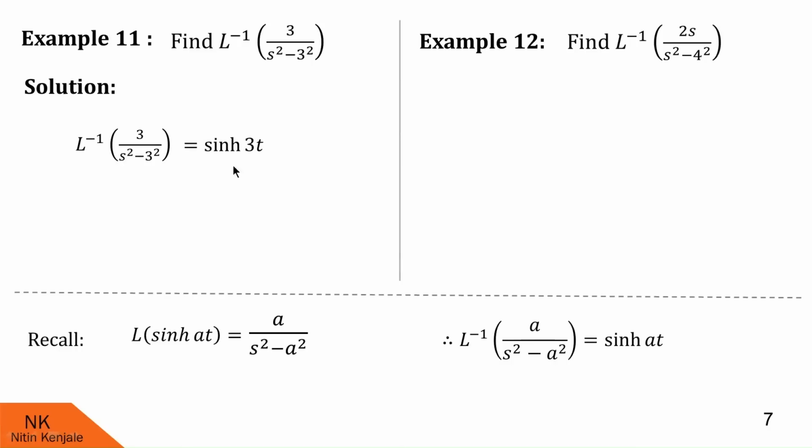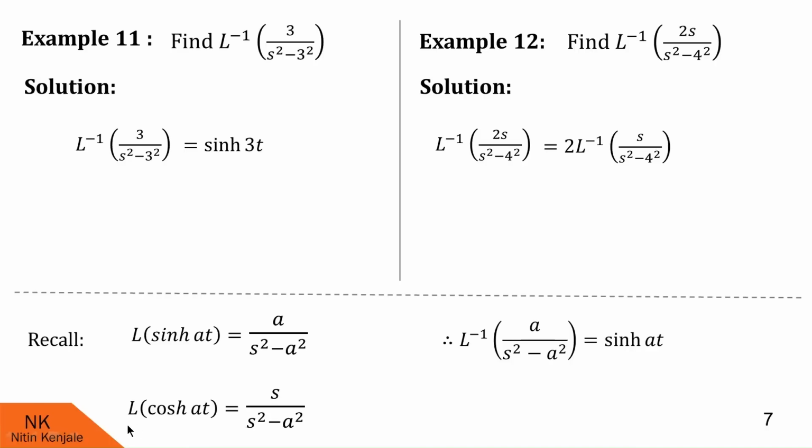Similarly, we will find out Laplace inverse of 2s upon s square minus 4 square. First, we will take out this constant 2 and write this as 2 times L inverse of s upon s square minus 4 square. Ask yourself whose Laplace transform is s upon s square minus 4 square.